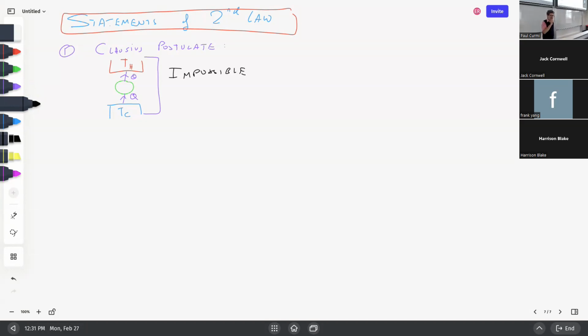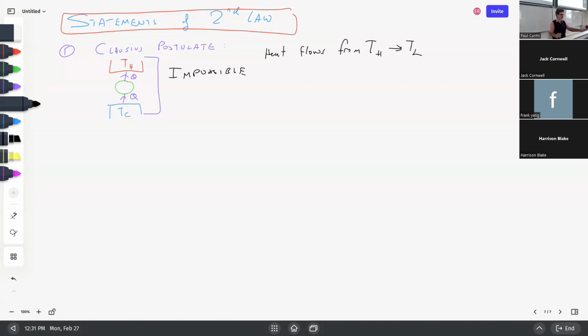Clausius' postulate is you can't make a machine that just pushes heat uphill with no input of work, okay? So basically it says that heat flows from T high to T low. You can't go the other way unless you input work, okay?